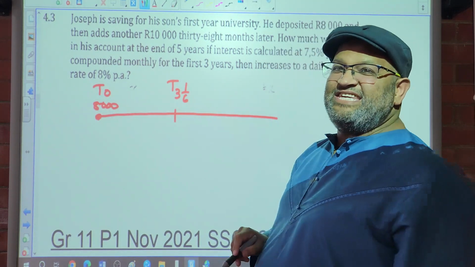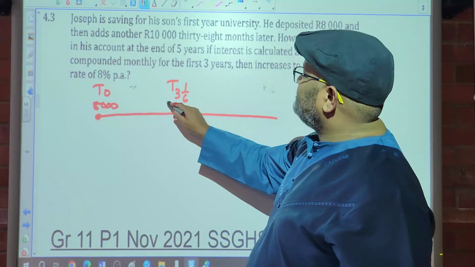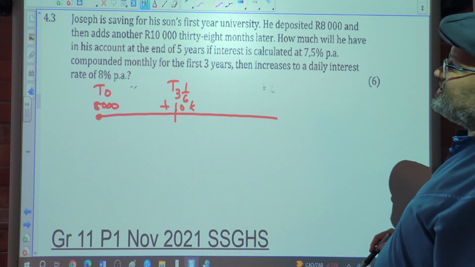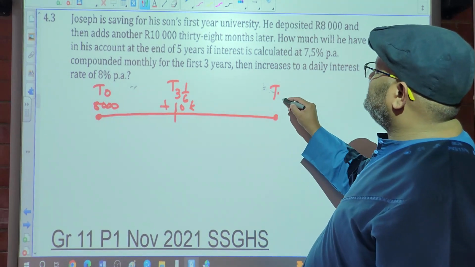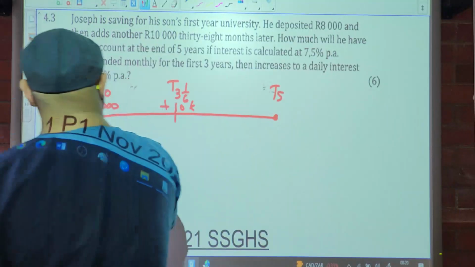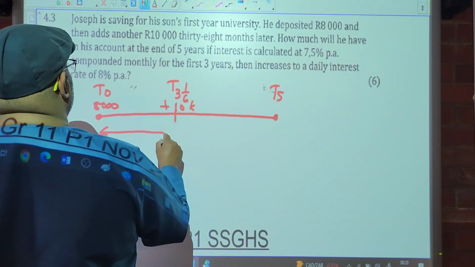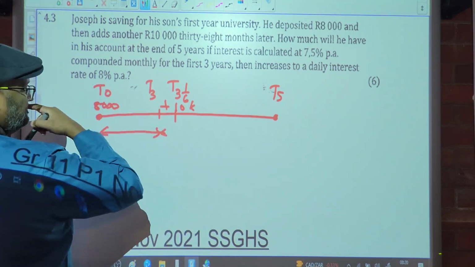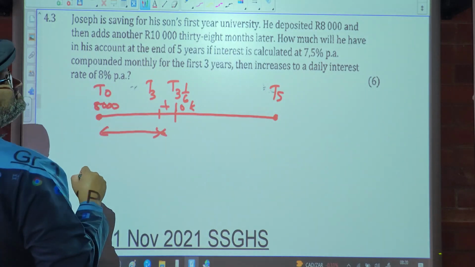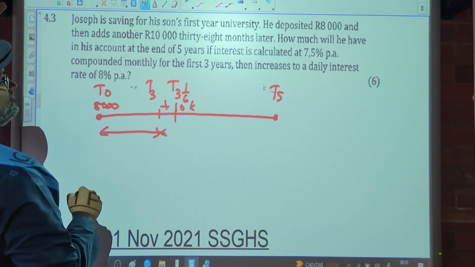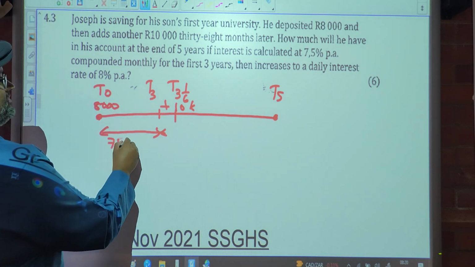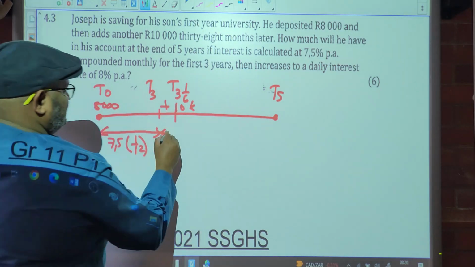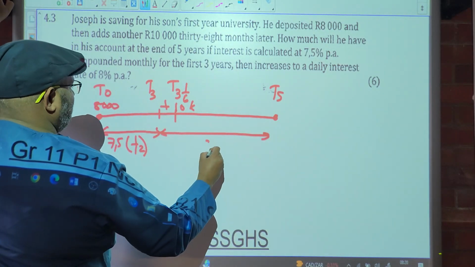Remember that this is your time in years, okay? He adds a further 10,000 Rand. How much will he have in his account at the end of 5 years, if the interest is calculated at 7.5% per annum, compounded monthly for the first 3 years, then increases to a daily interest rate of 8%.